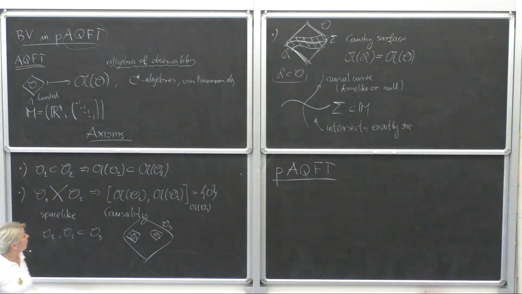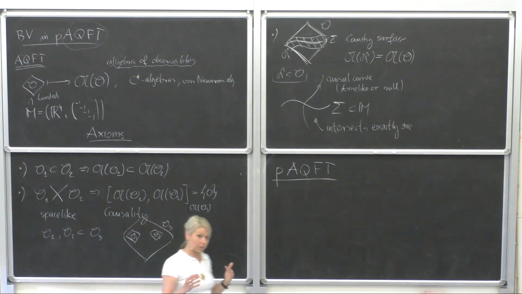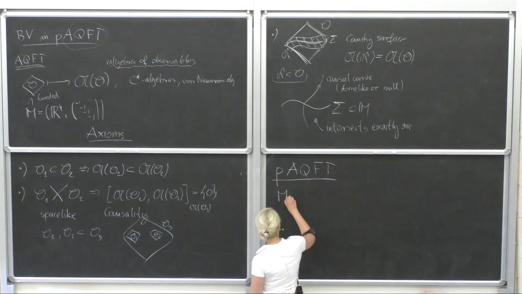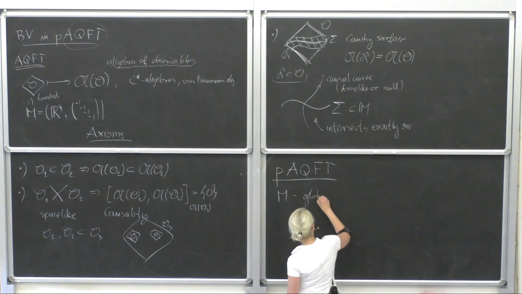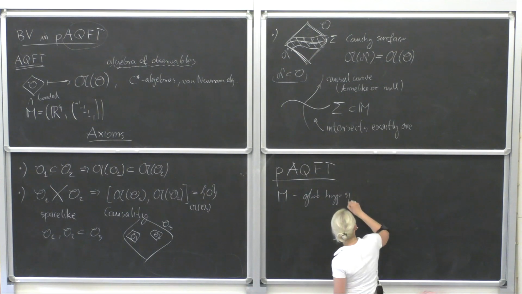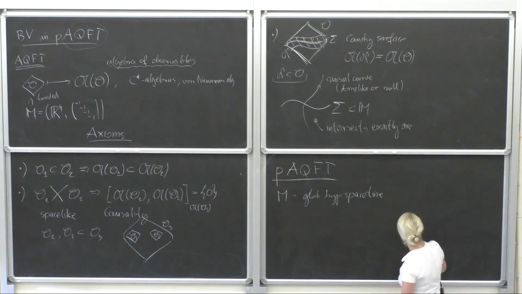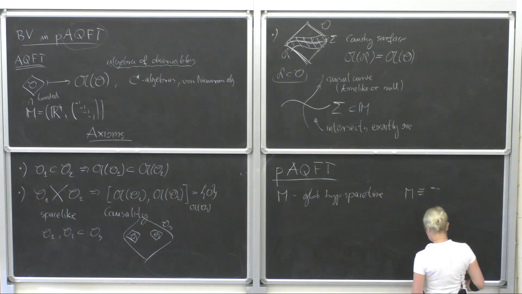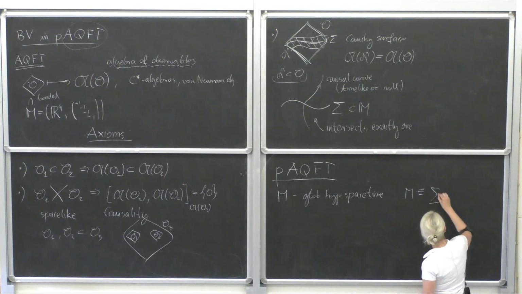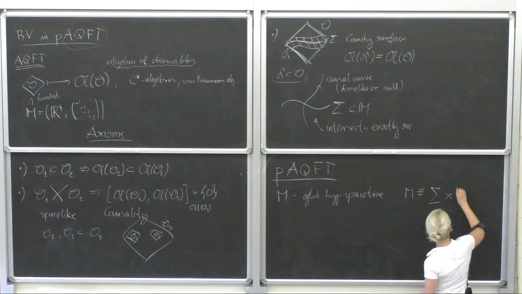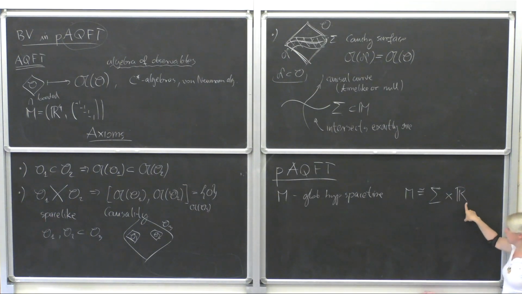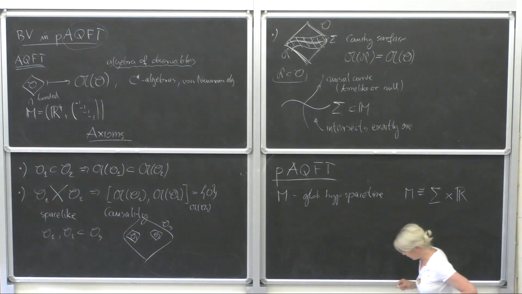First I want to go to something more general than Minkowski spacetime. So I'm saying that M is a globally hyperbolic spacetime. What does it mean? It means that M is isometric to Cauchy surface cross R. Note it is non-compact even if the Cauchy surface is compact.